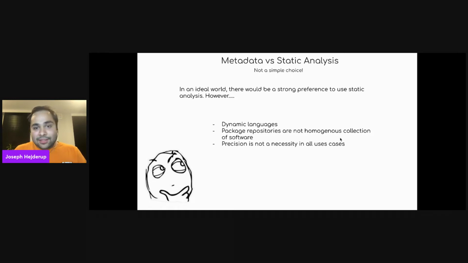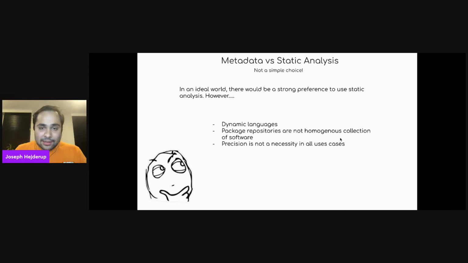And then the other thing is that package repositories are not a homogeneous collection of software or packages, because usually, and I also see that in many static analysis papers, we pick very nice projects to analyze that fit our analysis perfectly. But in reality, packages use very different language features, and the accuracy depending on which package you analyze might really vary, and that's not very easy to see or understand.